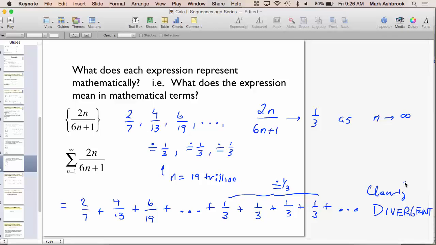The only chance is if your sequence does what? Converges to 0, because then in the end you're adding a bunch of numbers that are essentially 0, and now the sum has the chance to level off and actually equal a finite value. So this is what we call the divergence theorem for series.